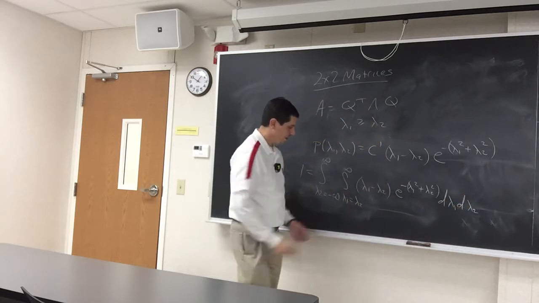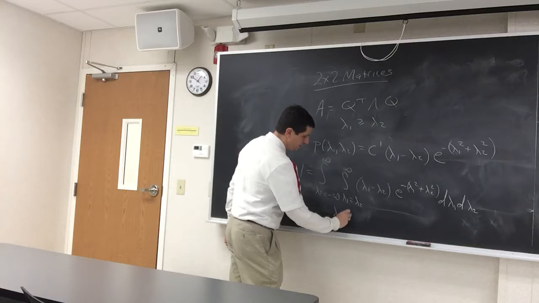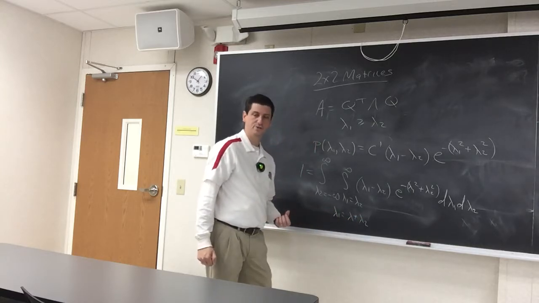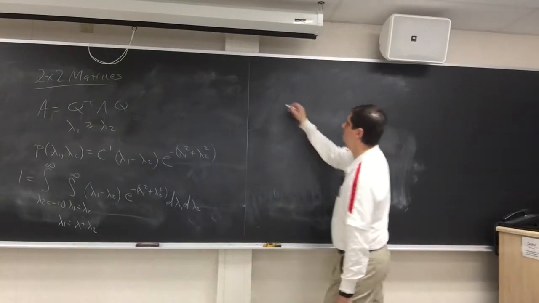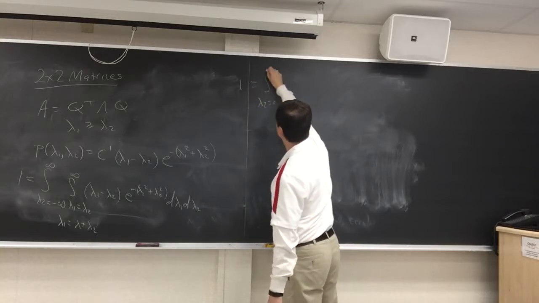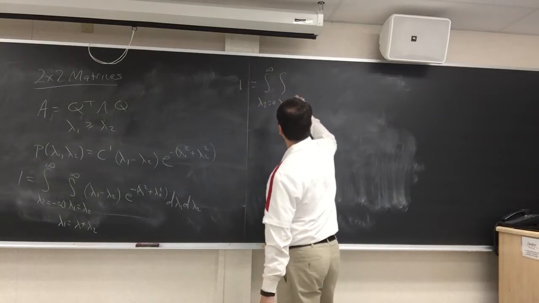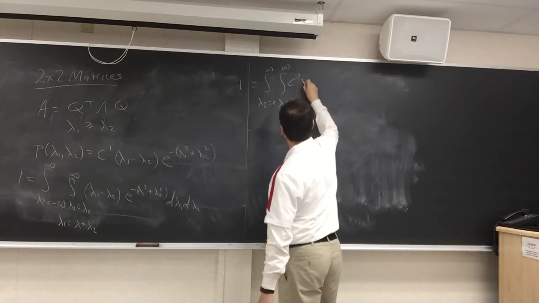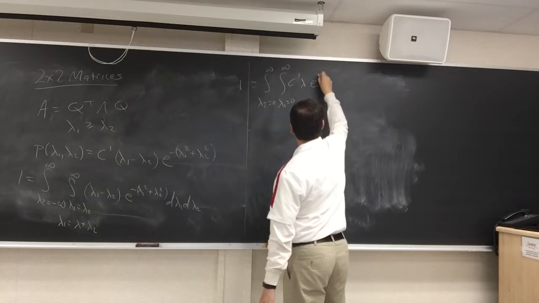So I could change variables. I could let lambda 1 equal lambda plus lambda 2, and now they would both go from 0 to infinity. So if I do this, I get 1 equals the integral lambda 2 goes from 0 to infinity, integral lambda goes from 0 to infinity, and now I'll get C prime lambda e to the negative.